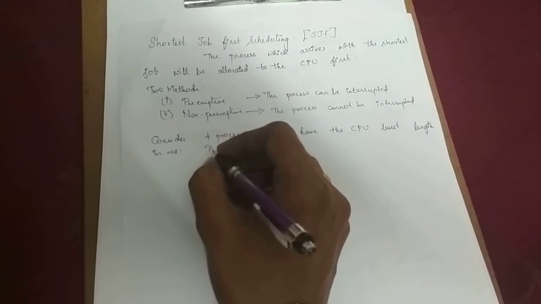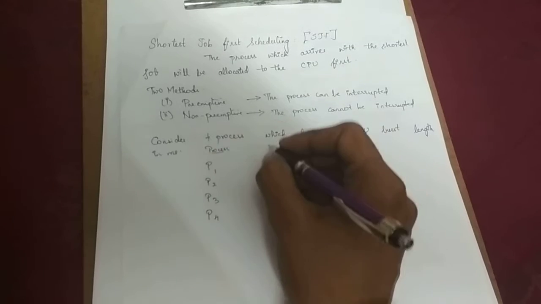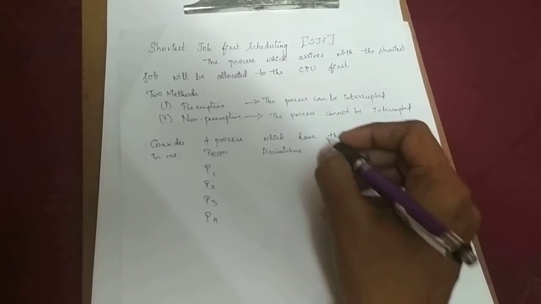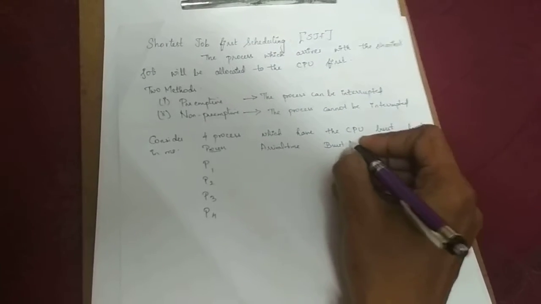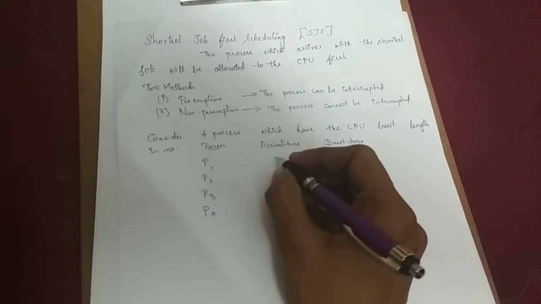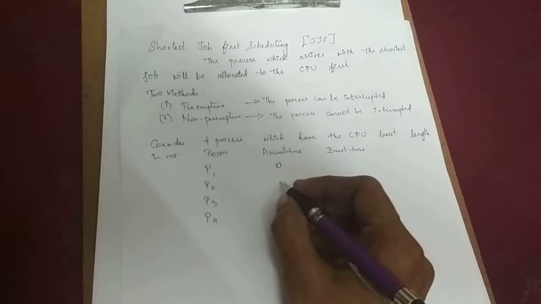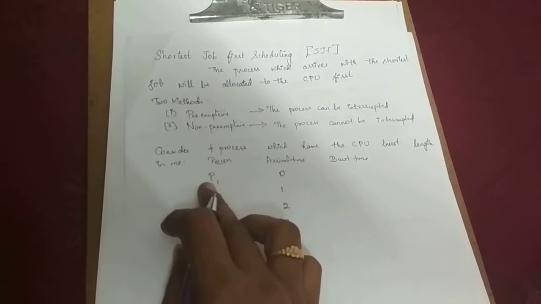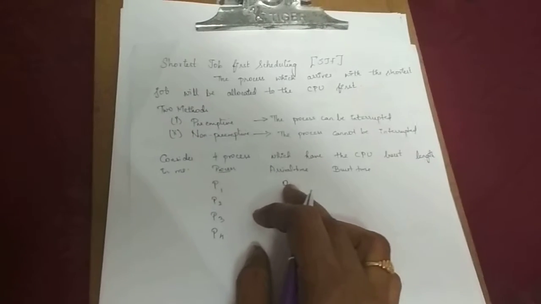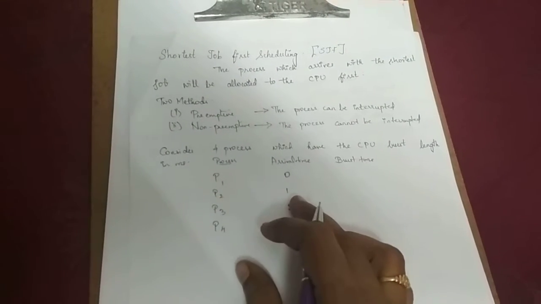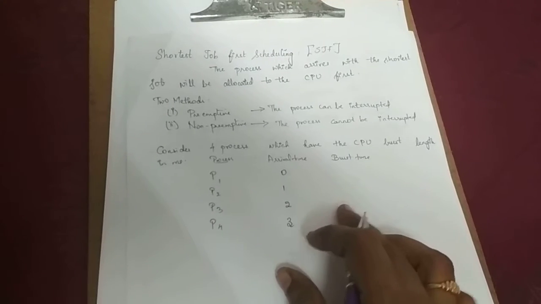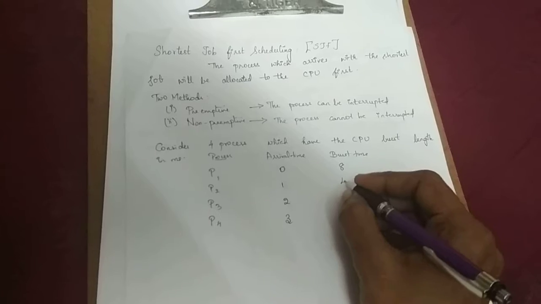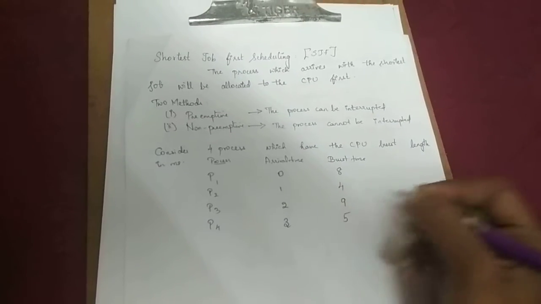We have the arrival time and the burst time. The arrival time is 0 for process 1, then 1, 2, 3. So process 1 arrives at the 0th millisecond, process 2 at 1, process 3 at 2, and P4 at 3. The burst times are 8, 4, 9, 5.